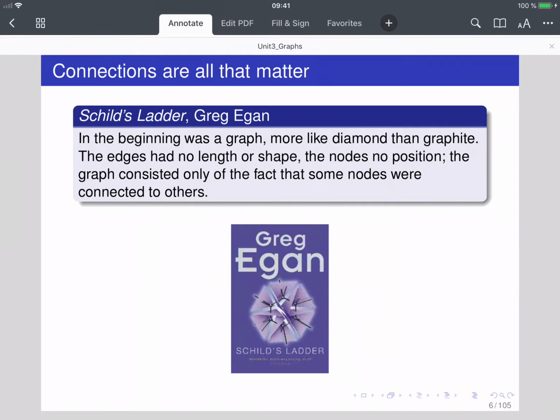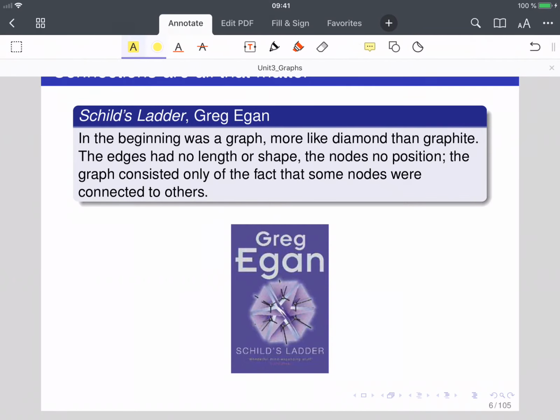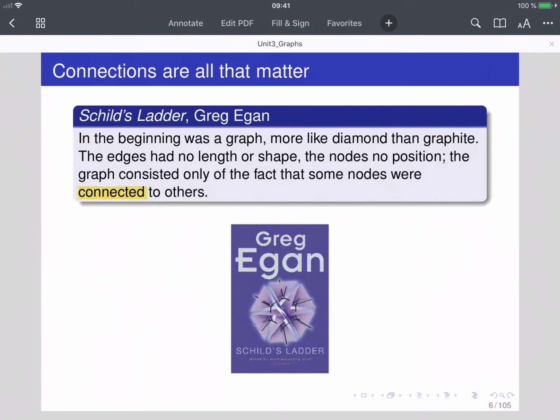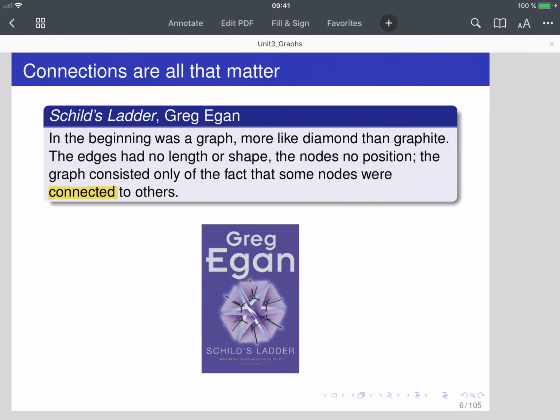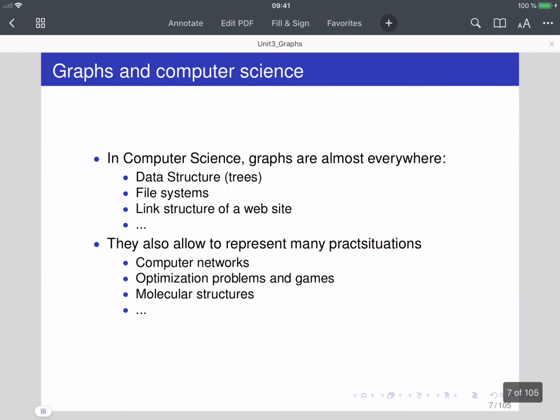Okay, so this is a science fiction novel. It has nothing to do directly with discrete mathematics or computer science, but it reflects this idea of connection. Connection is what we are going to study in graph theory. And this idea of elements that are connected to others is everywhere.